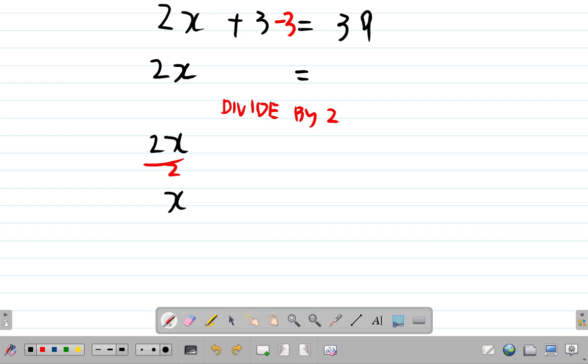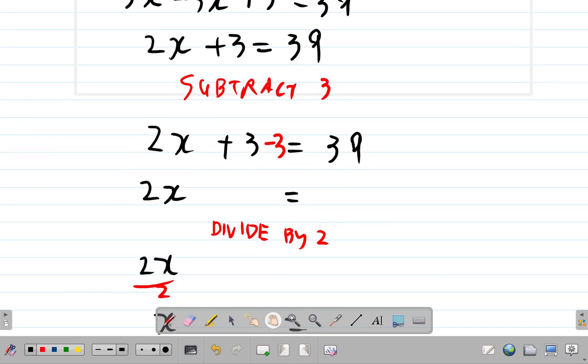Right? Nice. But then we didn't do anything to the right hand side up here. So let's see. If we subtract 3 from the left, we must also subtract 3 from the right. So 39 minus 3 is what? 36. So we have 36 here.